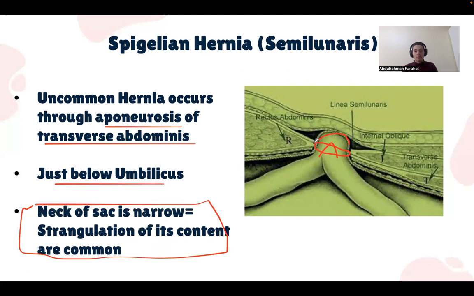This is a problem for all hernias, but it's a characteristic of Spigelian hernia itself. So sometimes you might have an adult who has an umbilical hernia, but there is no strangulation. Then you leave him be. It's not that serious compared to other problems.